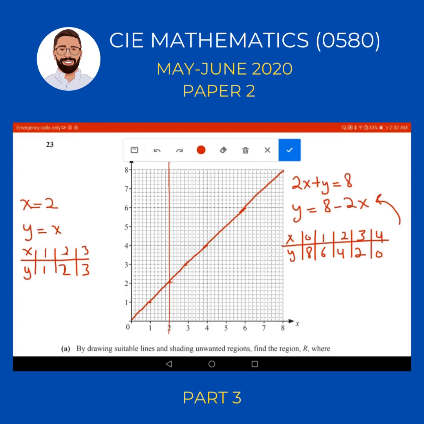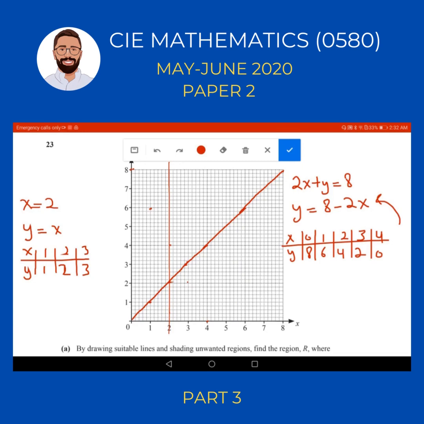Now let's plot these points. When x is 0, y is 8, so it's this point. When x is 1, y is 6, so it's this point. When x is 2, y is 4, so it's this point. When x is 3, y is 2, so it's this point. And when x is 4, y is 0, so it's this point.